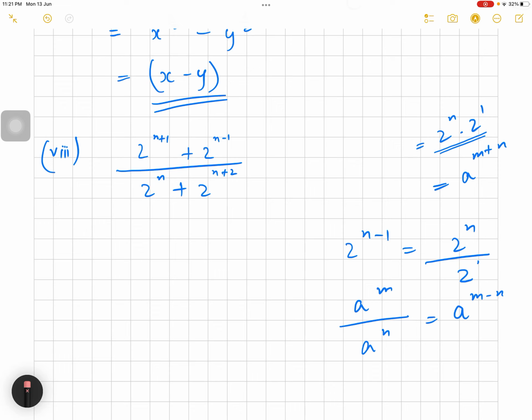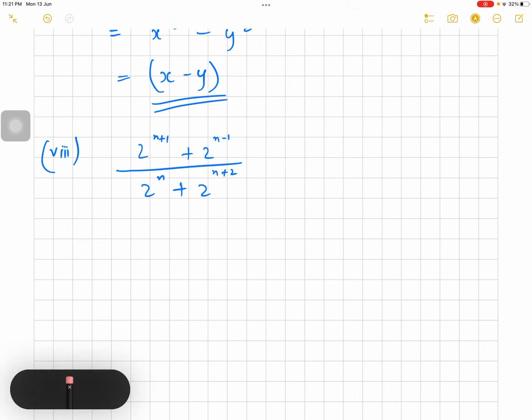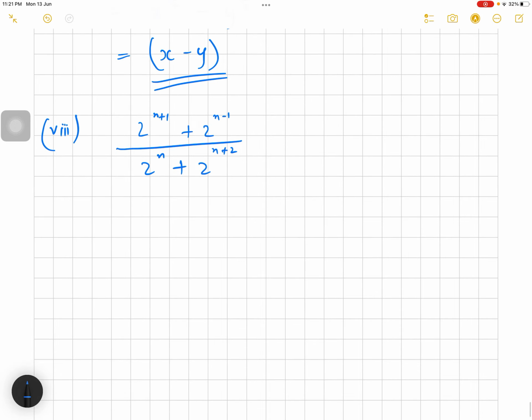So 2 raised to n plus 1 can be written as 2 raised to n into 2 raised to 1, which is 2 only, plus 2 raised to n minus 1 can be written as 2 raised to n upon 2 raised to 1.